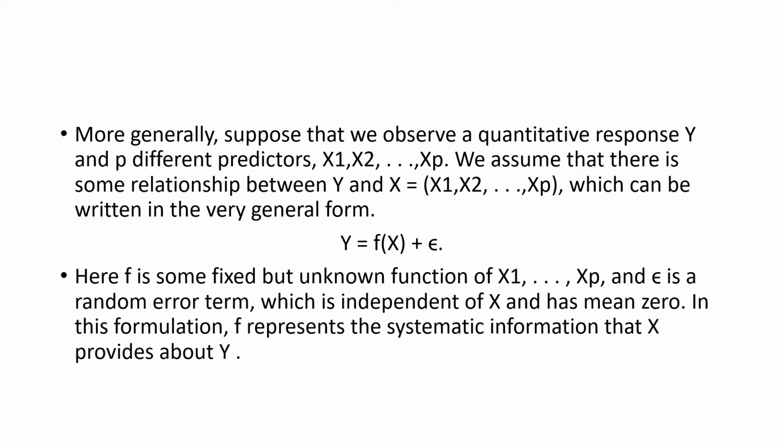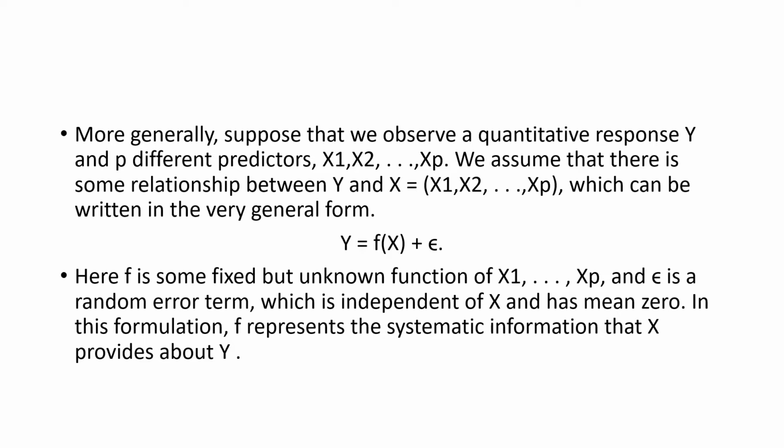More generally, suppose that we observe a quantitative response Y and p different predictors, X1, X2, and so on up to Xp. We assume that there is some relationship between Y and X, which can be written in the very general form Y = f(X) + ε.